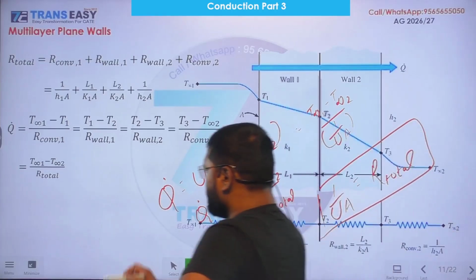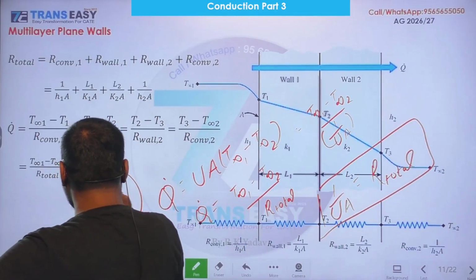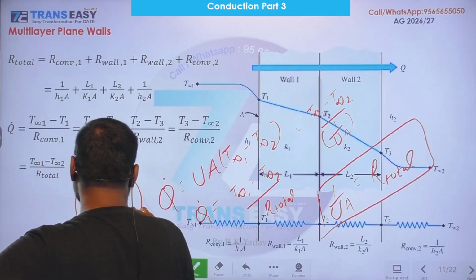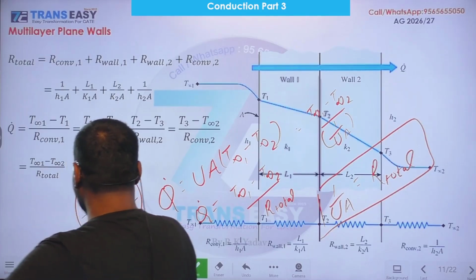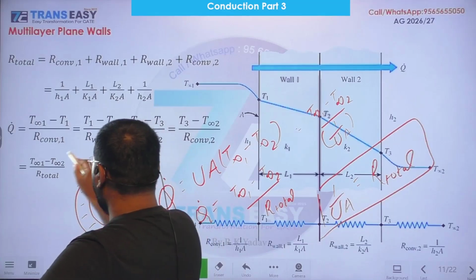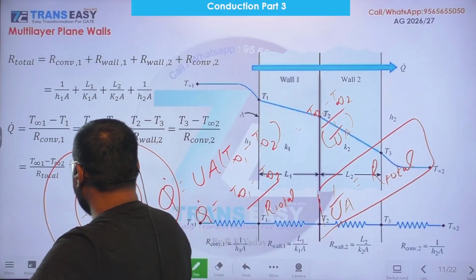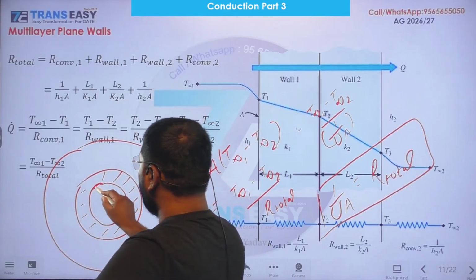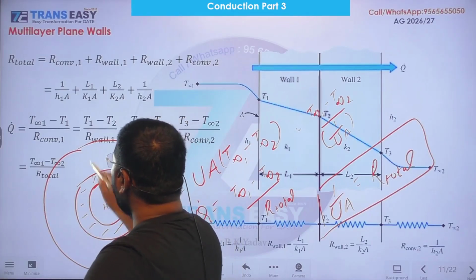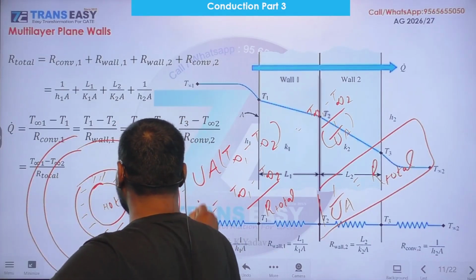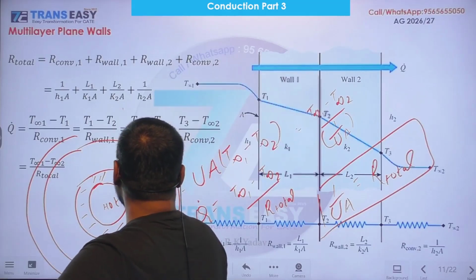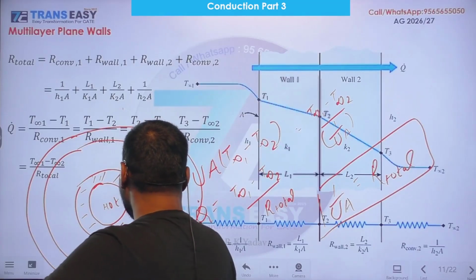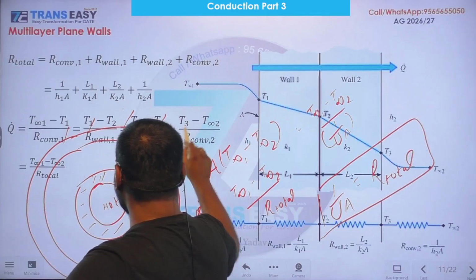But guys, in case of thick cylinder, here hot fluid is flowing, and this is a pipe. This is the thickness of the pipe, and this is external pipe, and it is insulated from outside.